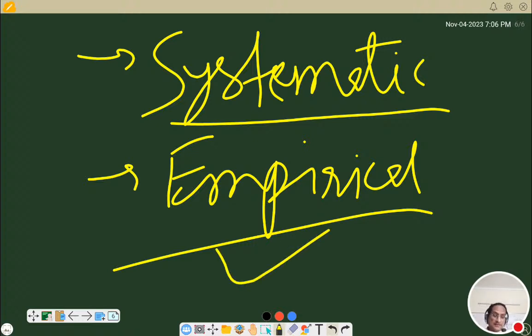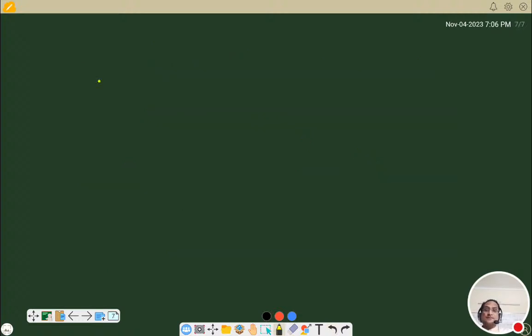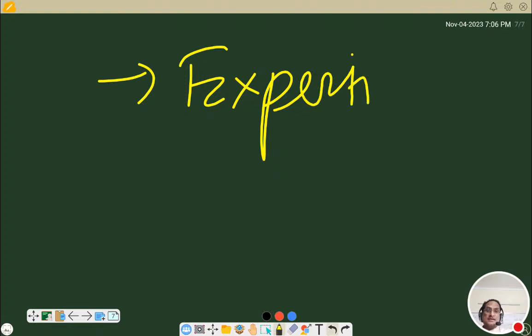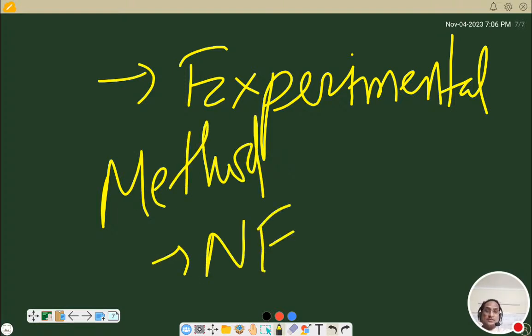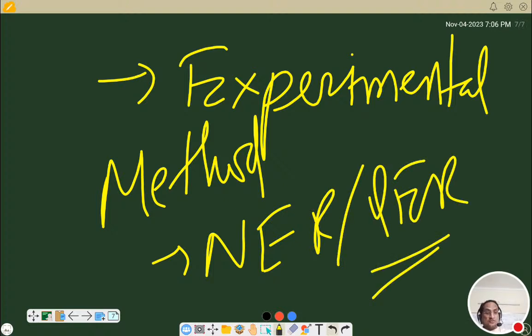Empirical means we have the evidence, either through the experimental method. In the experimental method, what happens? We conduct an experiment and we have the evidence, we have the data. Under the non-experimental method or quasi-experimental research, we are not focusing on the data collected through the experimental method.